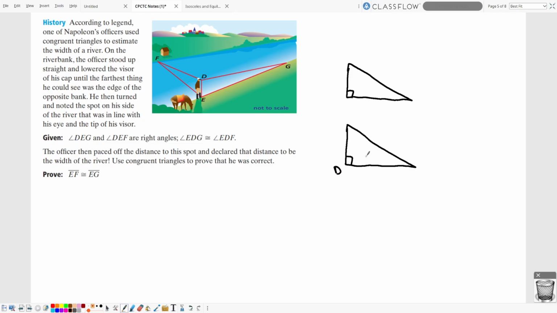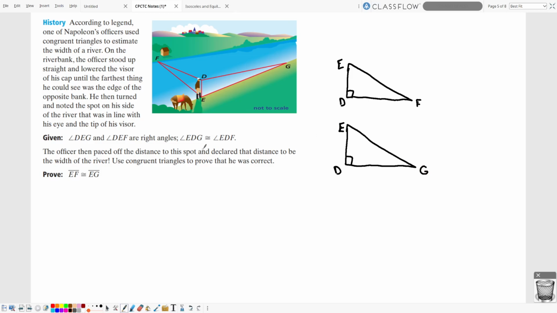So we'll say DEG, and actually I should probably put this as E to try and match up exactly what they have in our diagram up above. So we have D, E, G, and D, E, F.